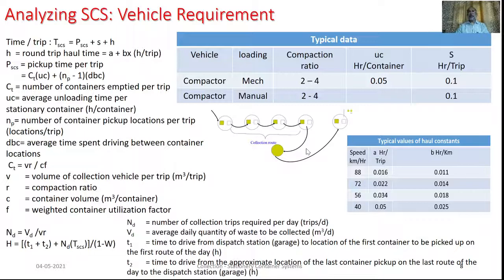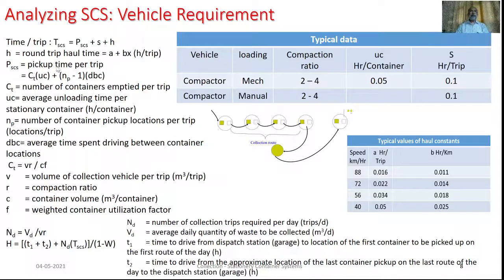So depending on the speed of that particular vehicle, the A factor and B factor can be considered the way it is tabularized here.